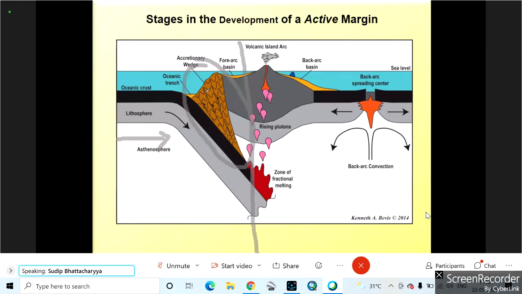It is actually called the accretionary wedge, because the sediments accumulated there are both pelagic sediments, and they are also called the molasse deposit, or flysch, you can also say. Radiolarian chert will be there, magmatic rocks will be there, and with this the marine sedimentary rocks are also there.